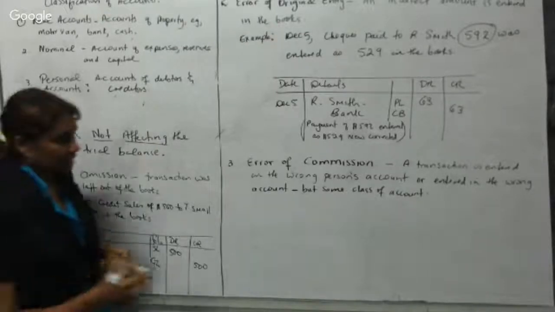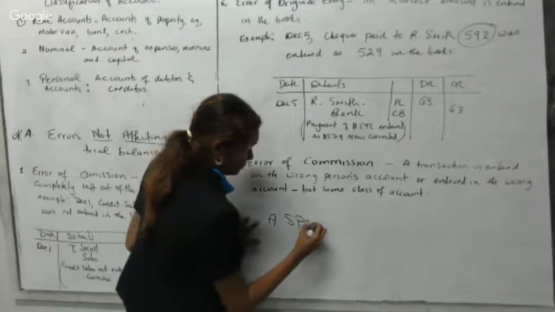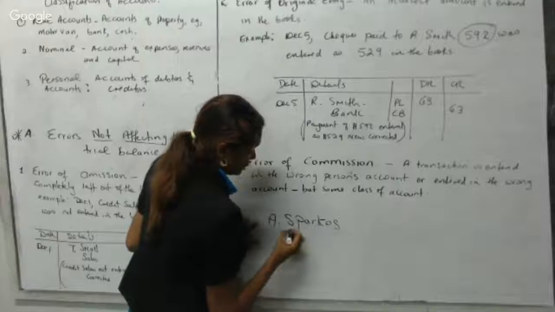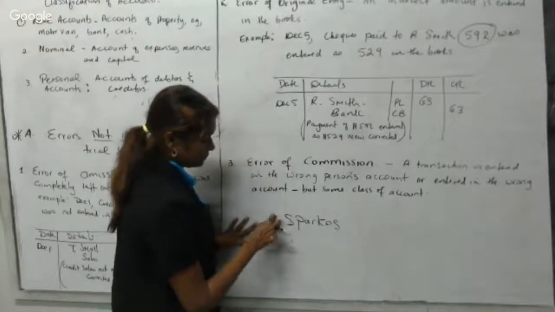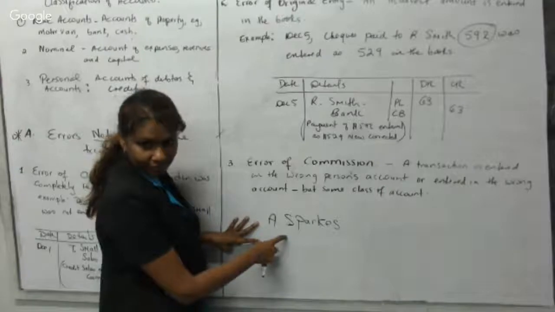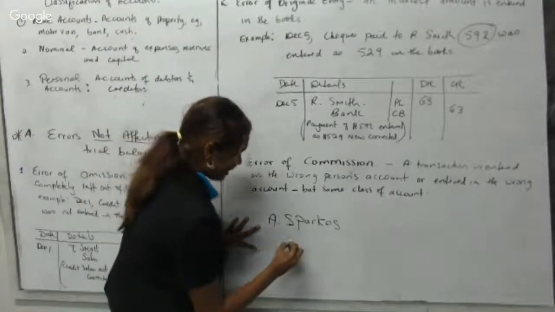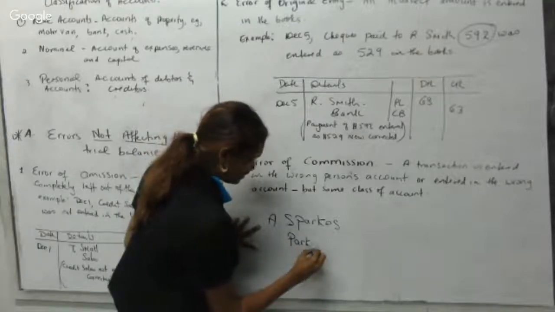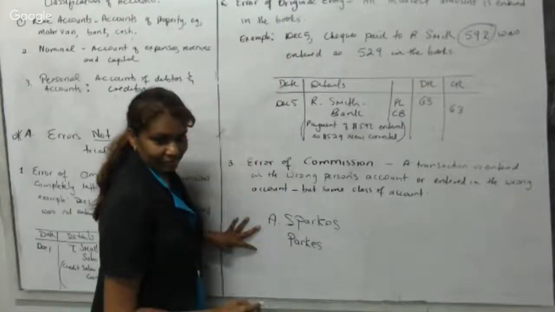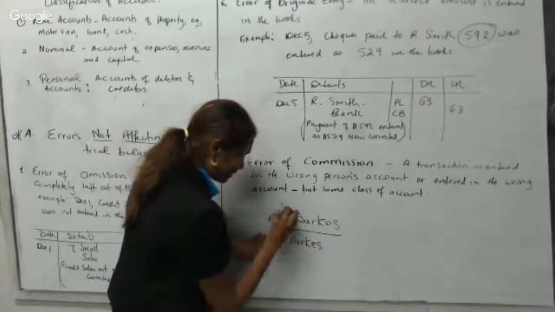For instance, a lot of persons, this is my name. How many of you knew that this was how my name was spelled without the Henry? A lot of persons believe that the surname is this. This is my name, A Sparks.